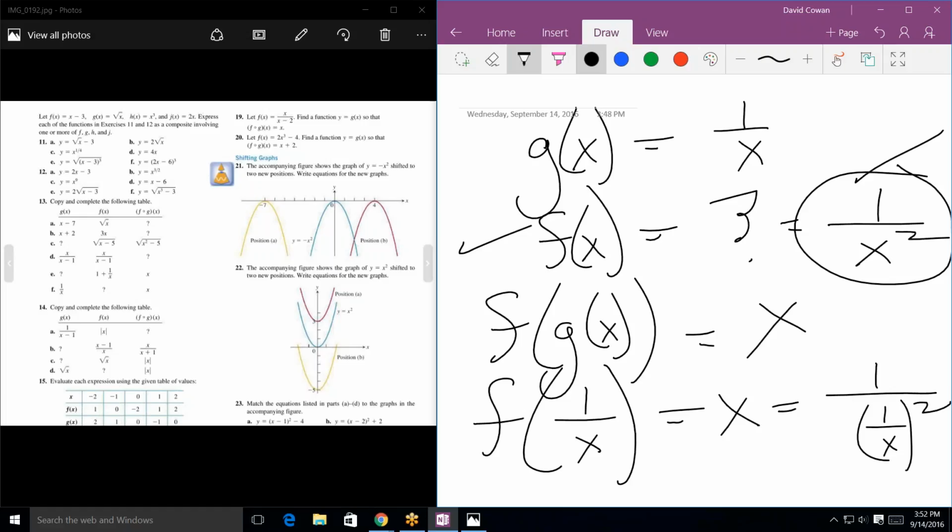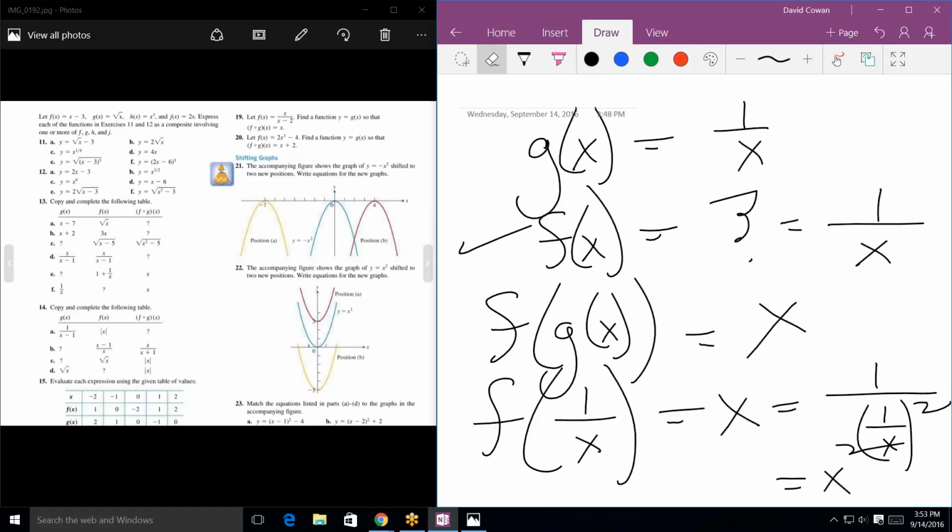And that is actually equal to x squared. So we're getting closer. The answer must be 1 over x instead of 1 over x squared. This has got to be right, 1 over x.